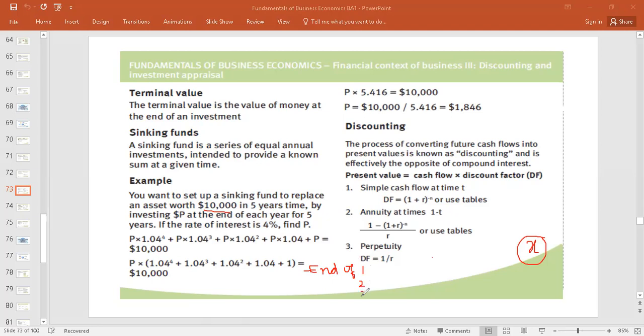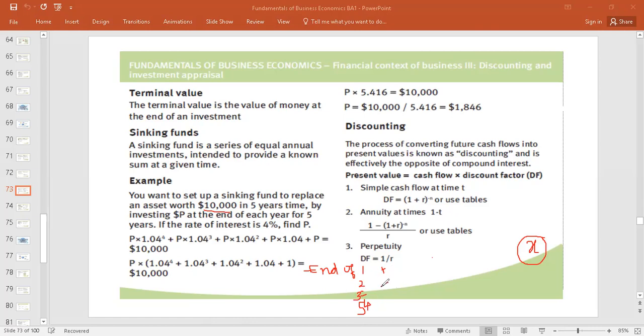When investment is made at the end, the amount invested will earn interest for 1 time, 2 times, 3, 4.